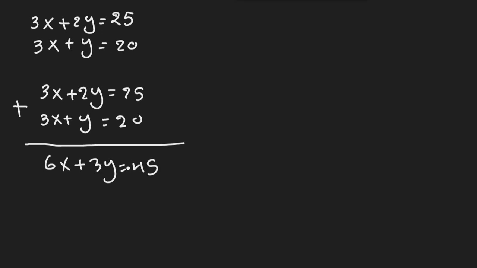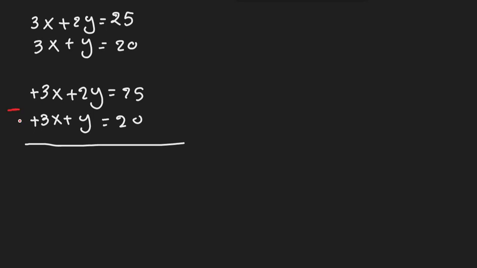So we didn't eliminate x or y, so we cannot solve this question this way. If the parts that we want to eliminate are both positive or both negative, we have to subtract.